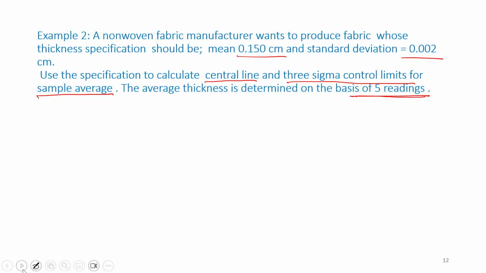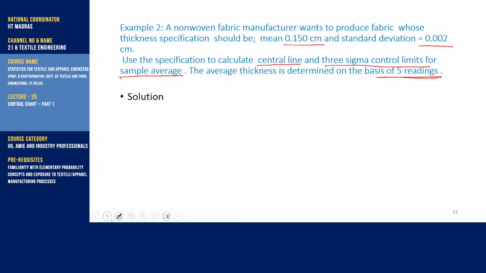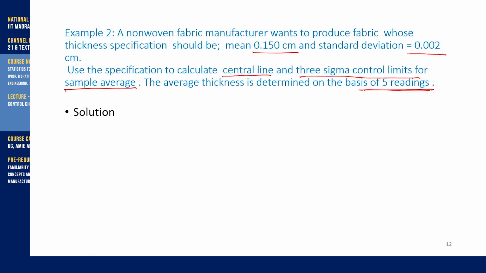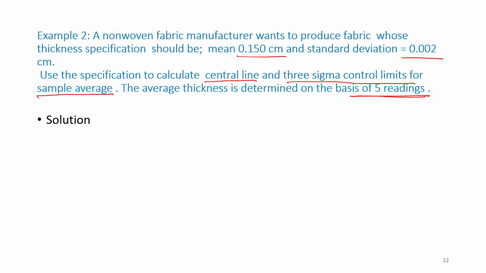The solution, if we discuss now: the first step is that there is no data table, so there is no need to calculate the mean. The mean is already given. The mean of the population is 0.150 centimeter, that basically means 1.5 millimeter thickness. Not one fabric, we have to manufacture.